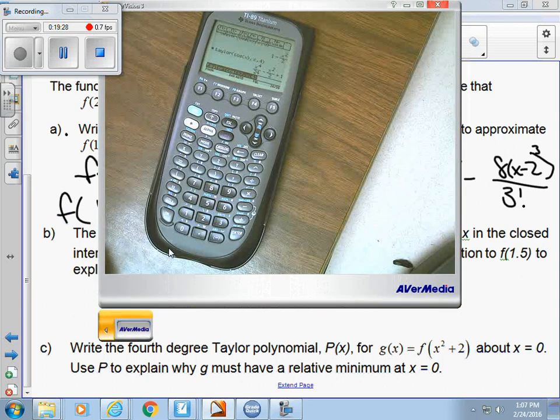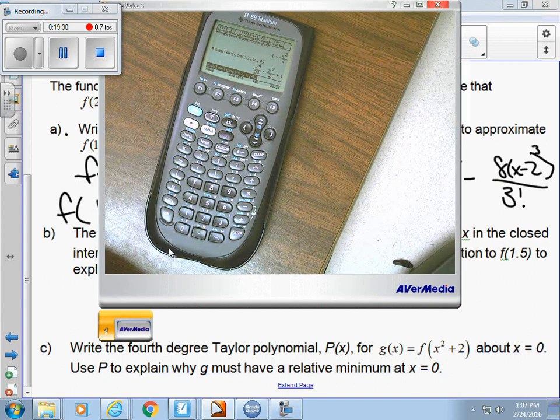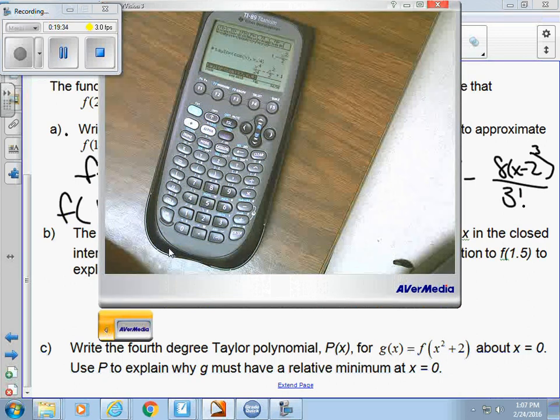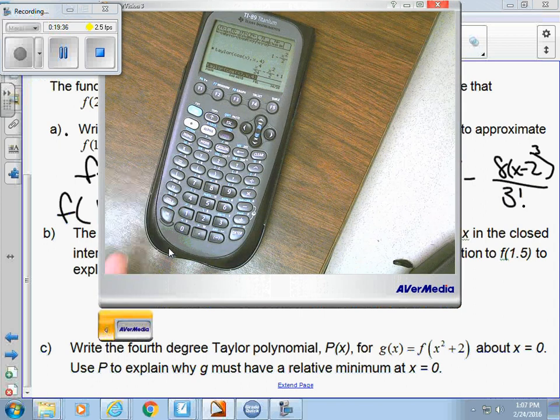So it gives you the Taylor polynomial, which is pretty cool. Again, probably won't be able to use that on the AP exam, but hey, if you can, use it.